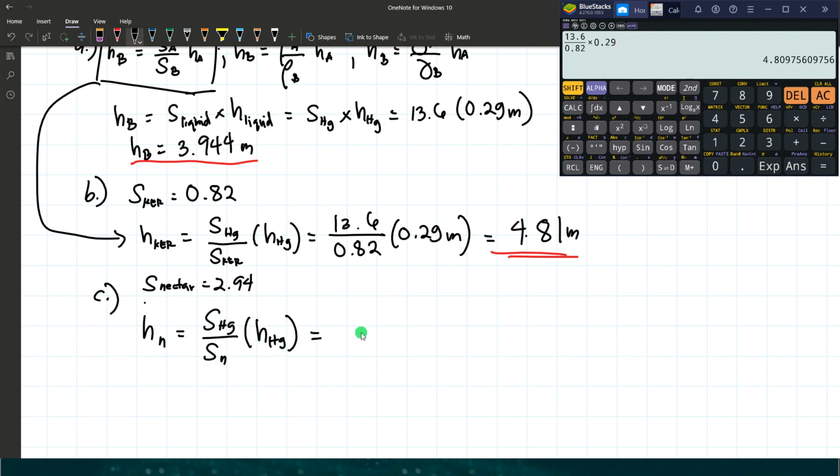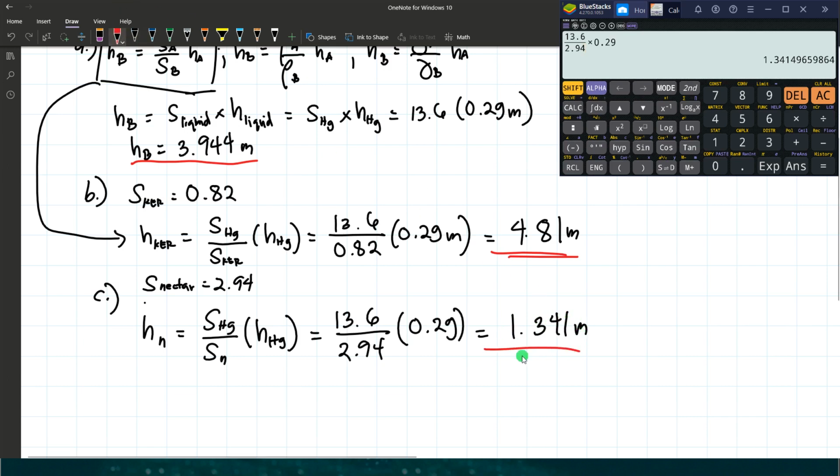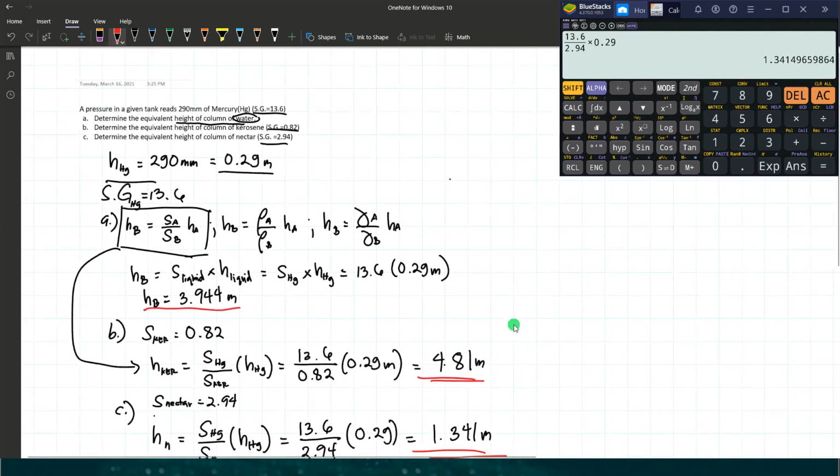So this equals 13.6 over 2.94 times 0.29. Let's just change the specific gravity, which is 2.94. So the answer is 1.341 meters. So that's the answer.